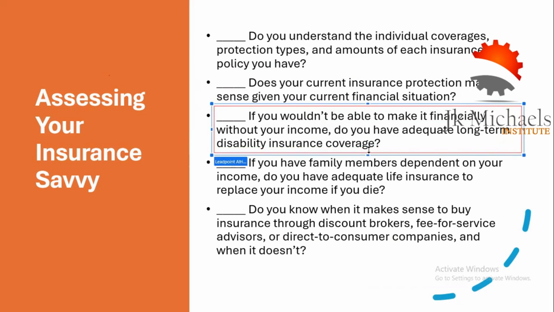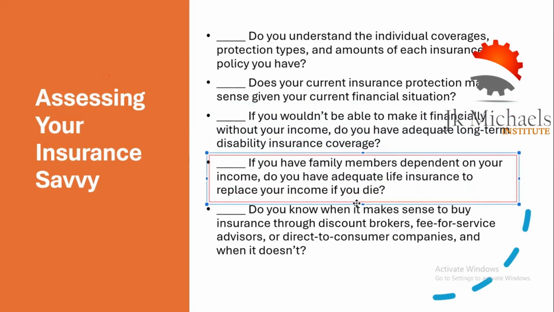Have you ever considered the fact that you may not be able to work if you have an accident or a disability, and do you have a disability insurance cover? Now, if you have family members or dependents on your income, have you made provision for life insurance to protect them in the event of demise?